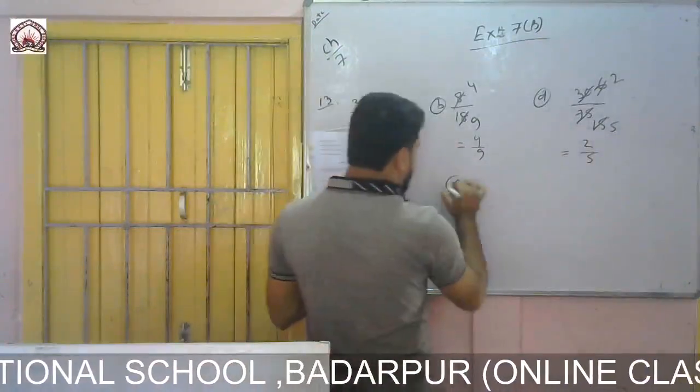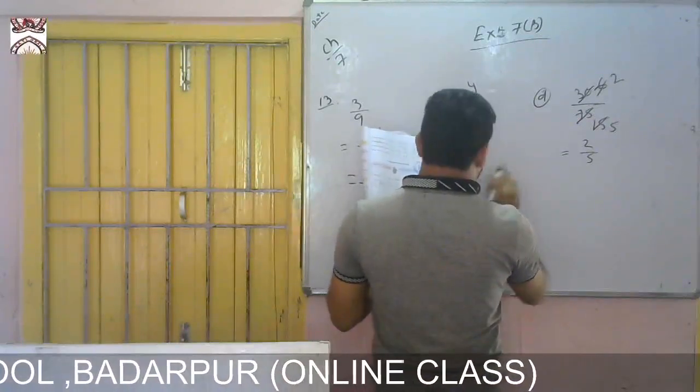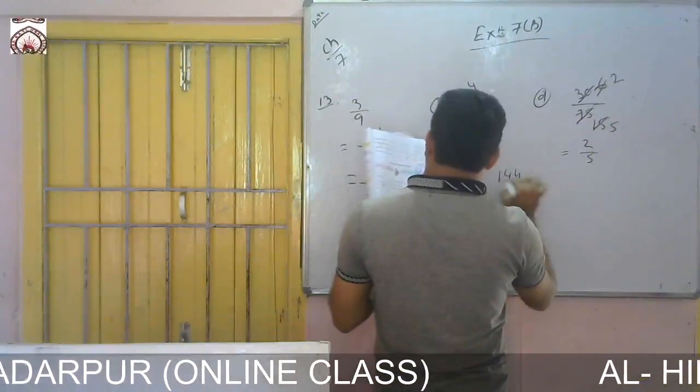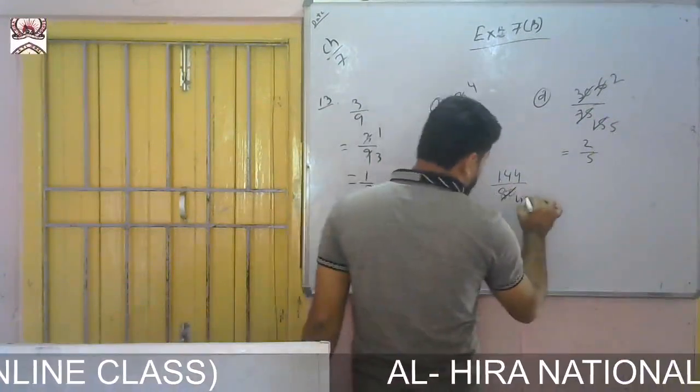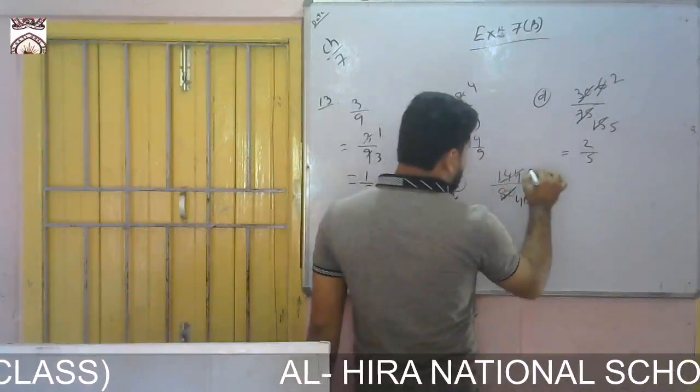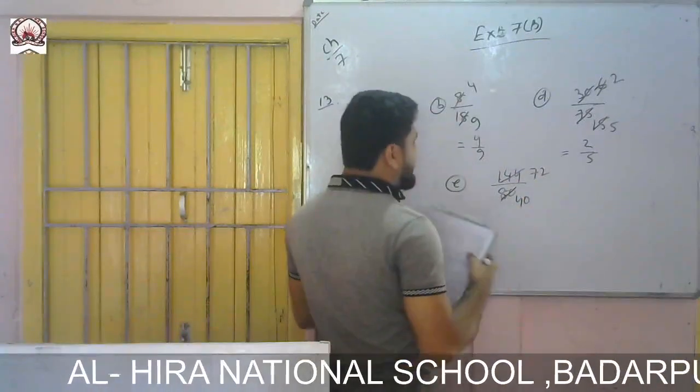Now come to E. What is there? 144 by 80. So cancel with 2. 2 4s are 8, 2 7s are 14, and 2 2s are 4. Okay.